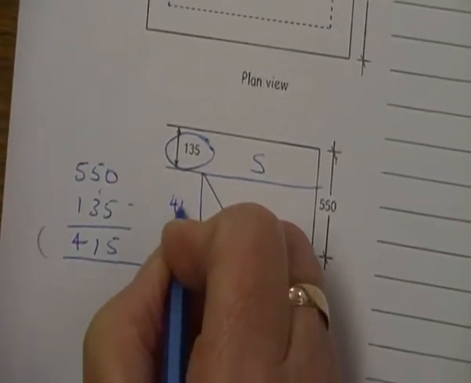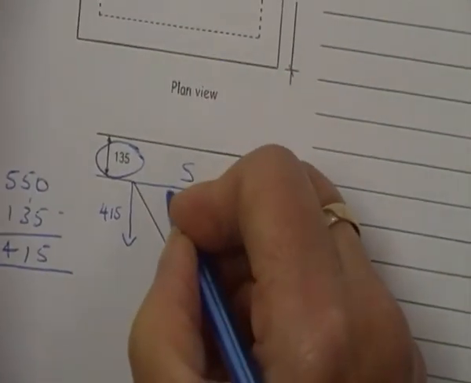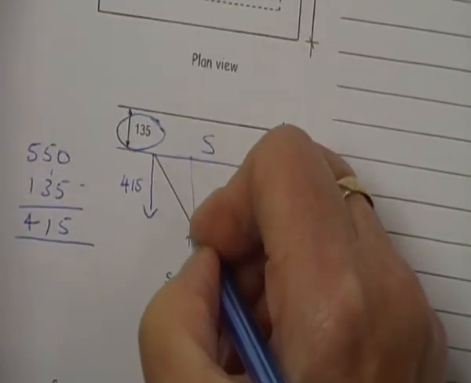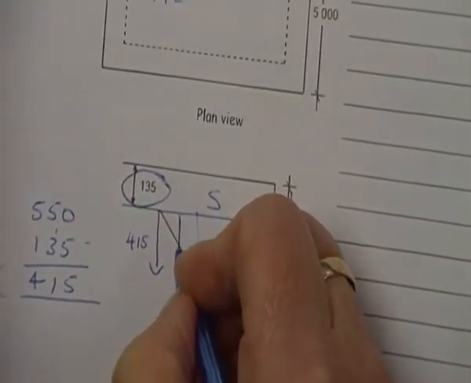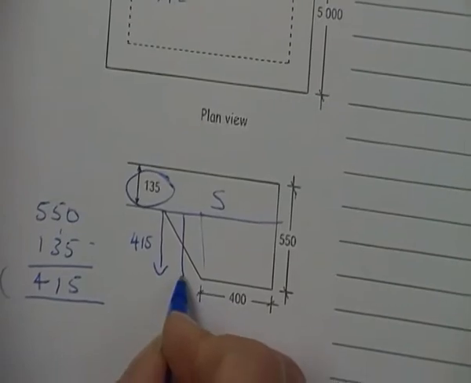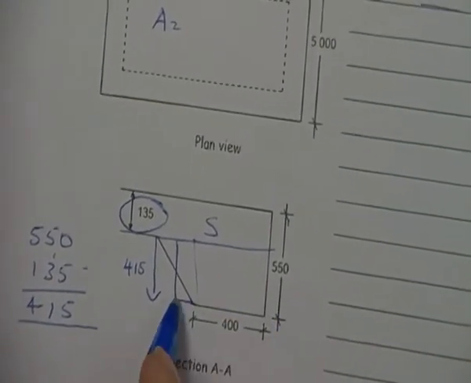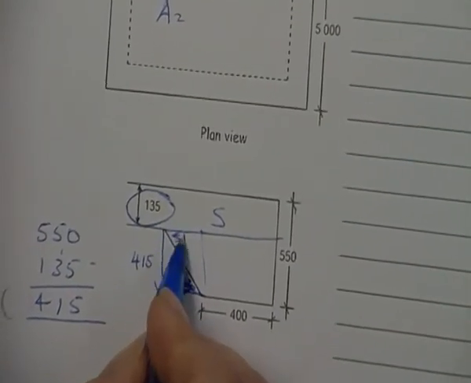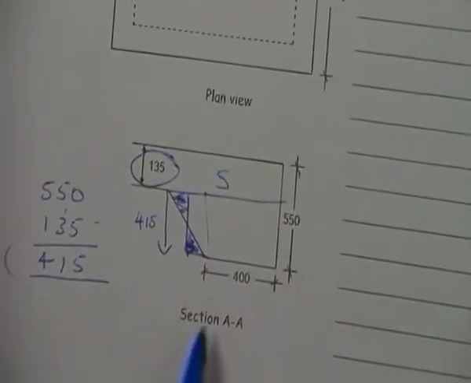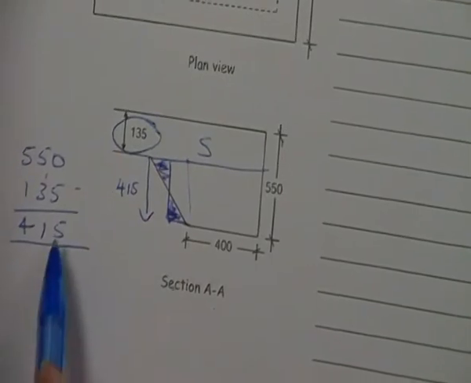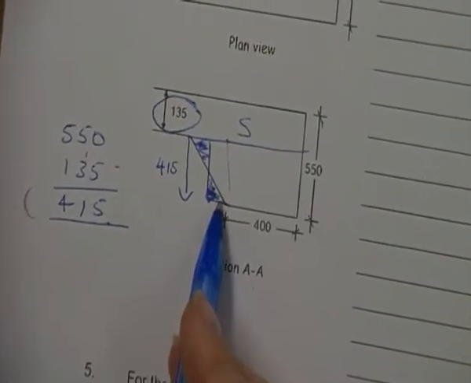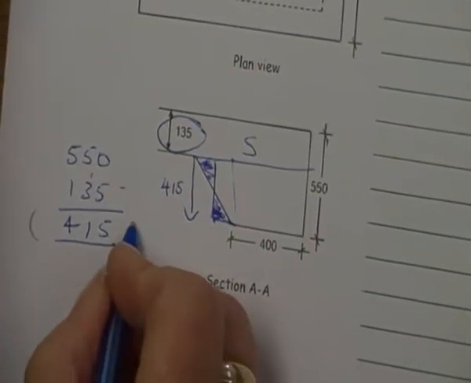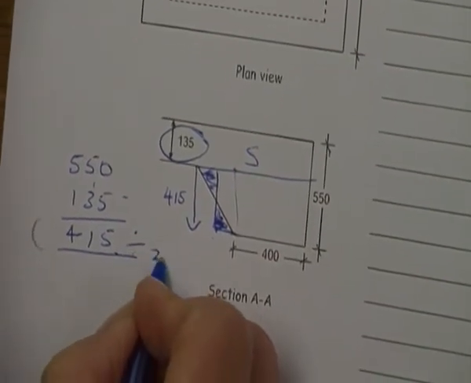Now, we've got this triangle that we've got extra, so we need to use this here, that's being moved over. The rule is we take half the depth and add it to the width. So we need to divide the 415 by 2.